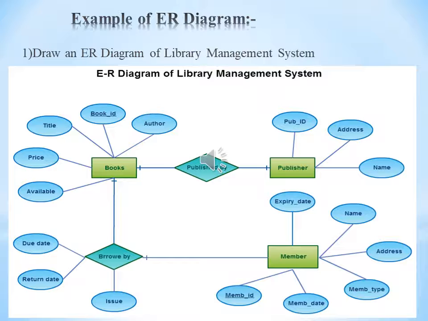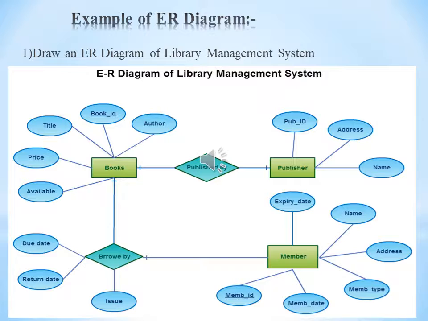Here books, publisher and member are the entities, the ellipses are the attributes, and the diamonds are the relationships between the two entity sets.